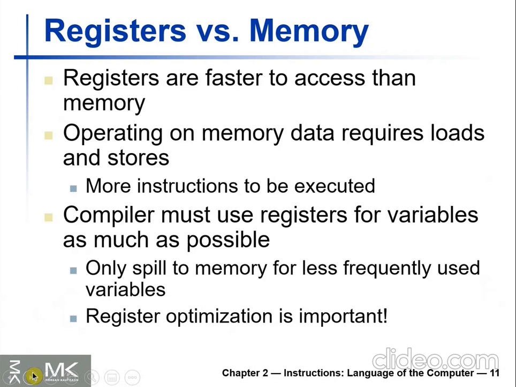Memory is big, far from the processor. Operating on memory data requires load and store, because MIPS arithmetic instructions cannot directly manipulate data in the memory. So we first load, process in registers, and store back to the memory.